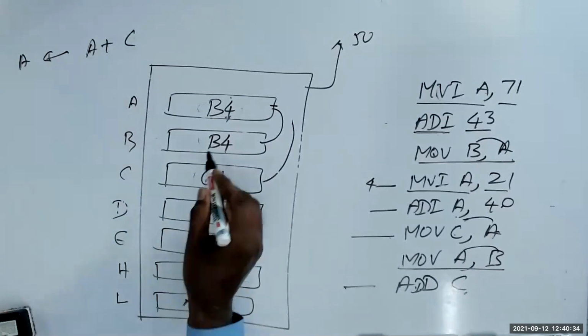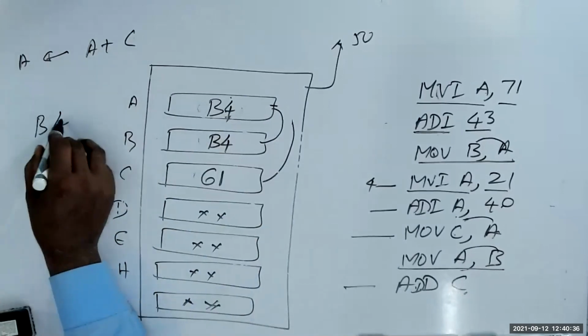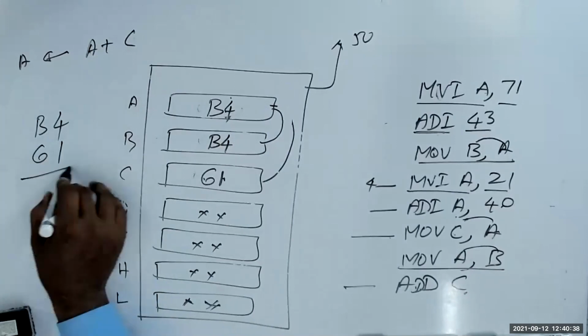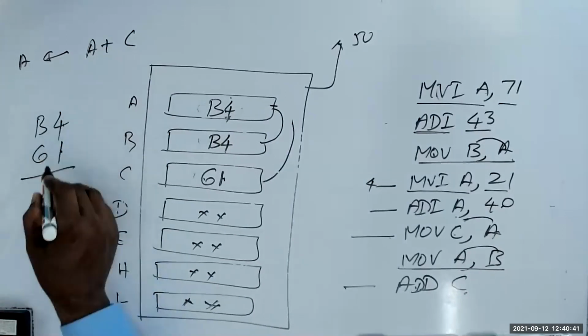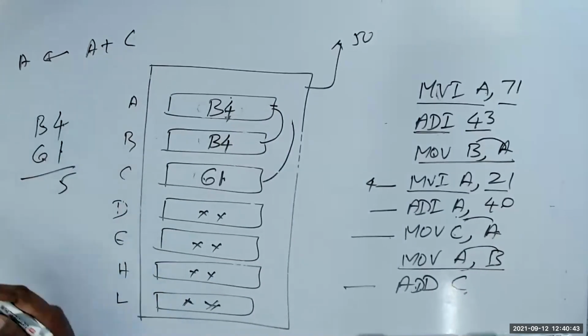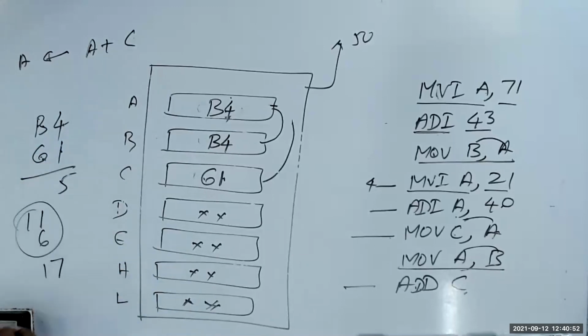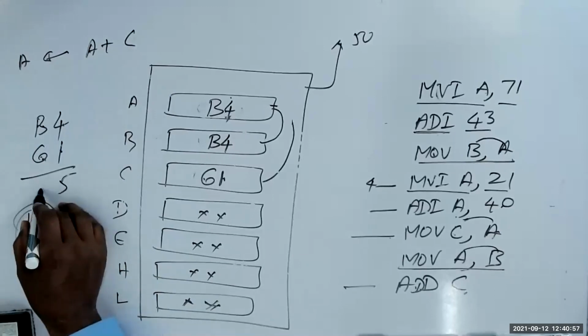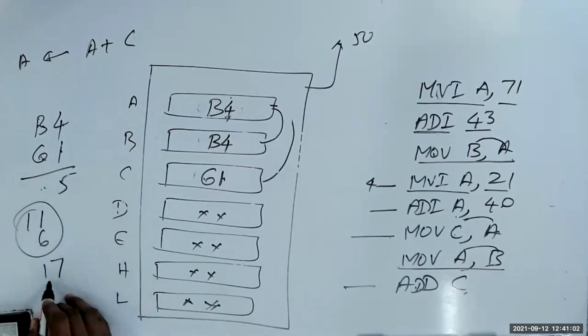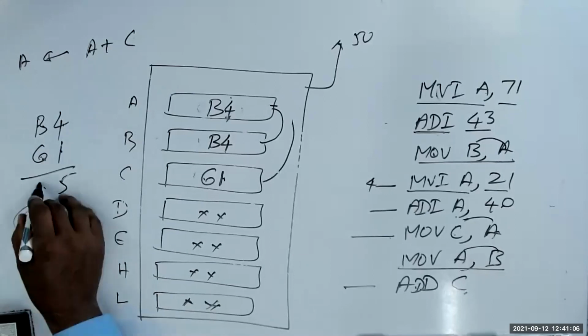Now what happens? B4 plus 61. 4 plus 1, 5. B plus 6 is how much? B is 11, plus 6, it becomes 17. Unfortunately, this can go up to only 256. So now I subtract 16, I put 1 here.